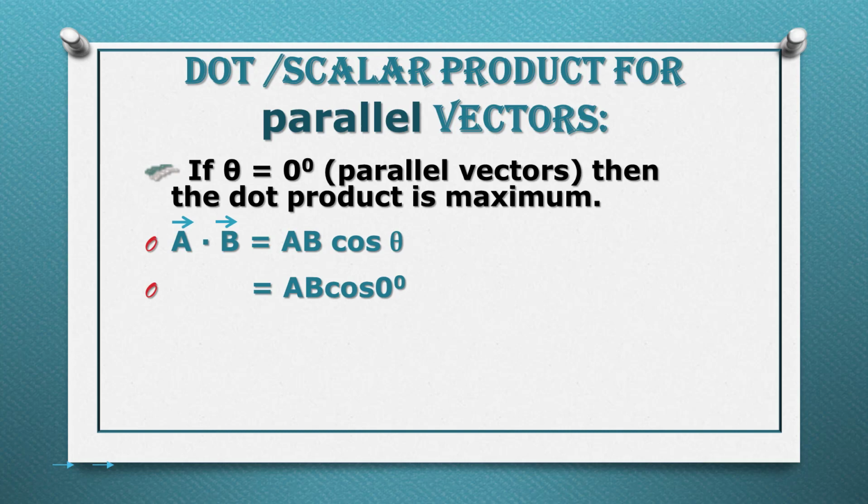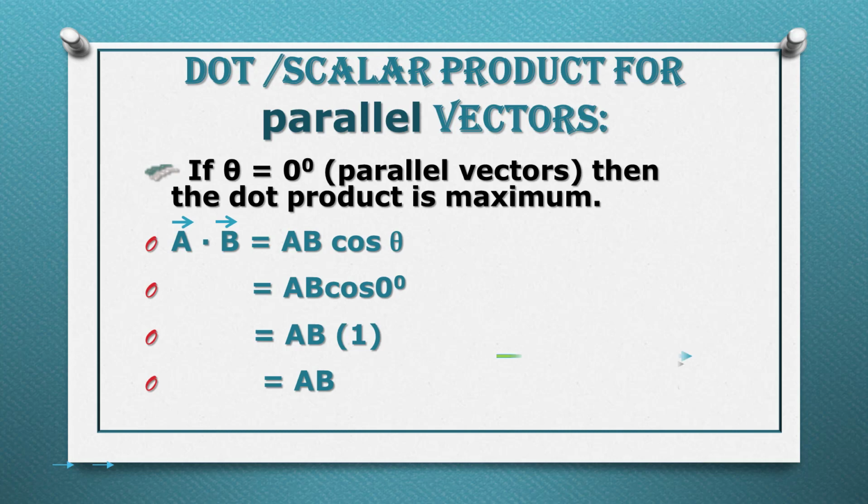As we know that cos of 0 is 1, we put its value, AB into 1, that will give us AB, the maximum product. Okay, complete magnitude of A multiplied by magnitude of B. So if two vectors are parallel, then the dot product is maximum.